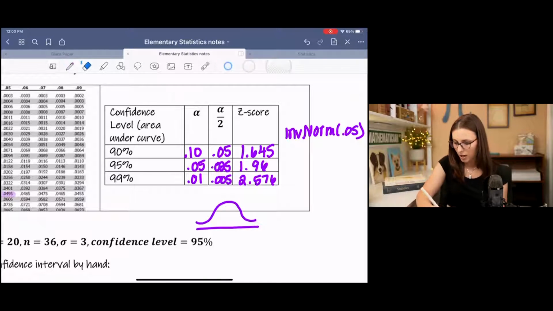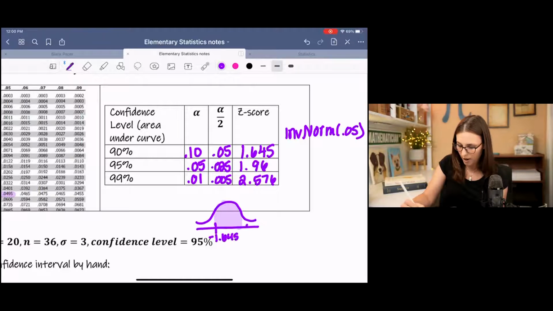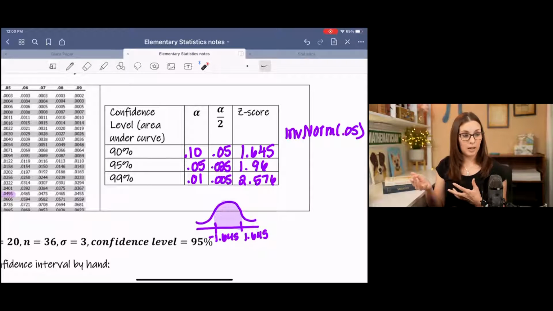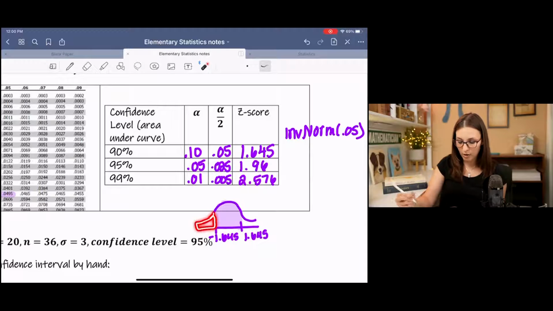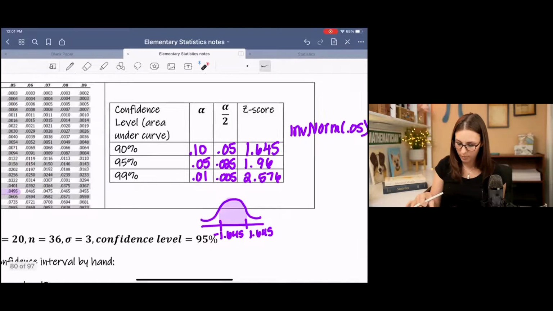If I were to shade 90%, then the z-scores associated with that would be negative 1.645 and positive 1.645. And that's going to give those little tails on the end. And I mentioned the reason why it came up negative is because I did this area. So if you wanted to find the right side, it's symmetric, it's positive, or you can find this area. But anyway, moving on. We have an example.